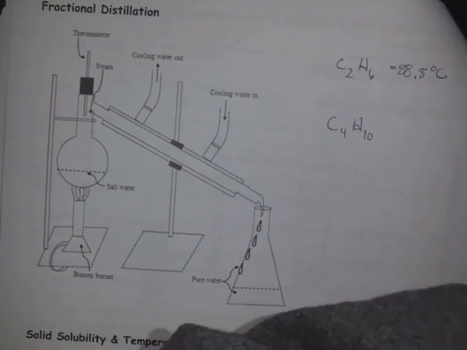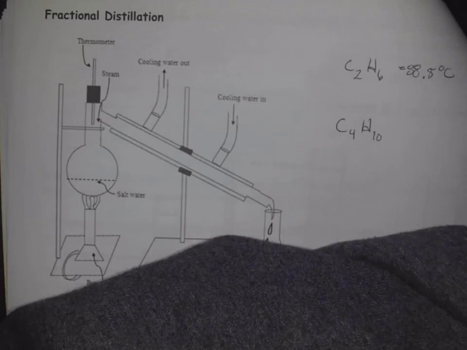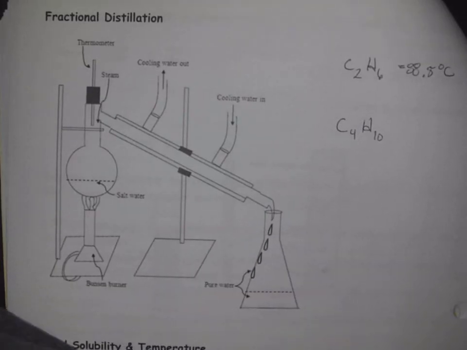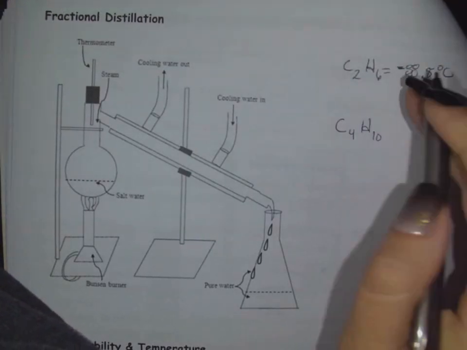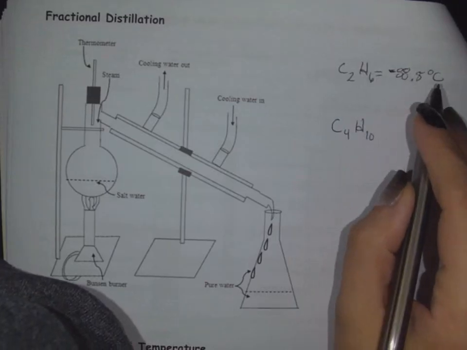Okay, let me look that up. Okay, so everyone, the boiling point of C2H6 was negative 88.5 degrees Celsius.